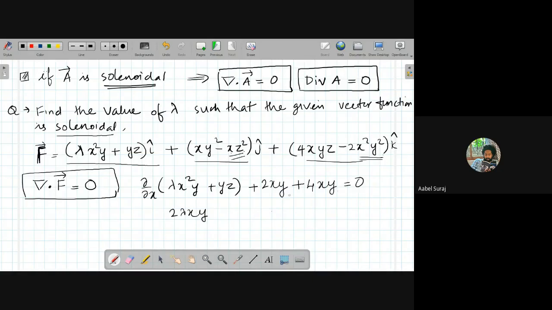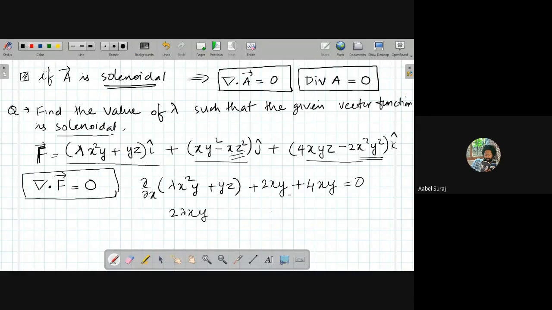The differentiation won't be that difficult since we are doing partial differentiation. You only need to look at what you are differentiating with respect to: if it is dou by dou x, you have to look only at the x components.